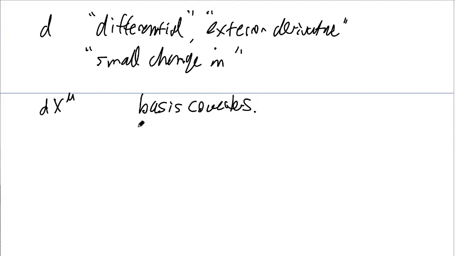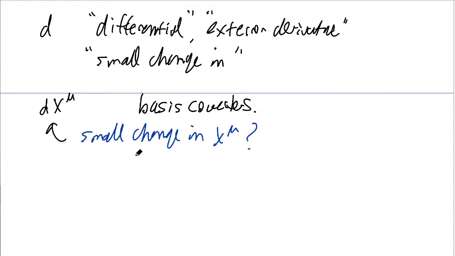In what sense is this the same thing as a small change in x? Now just to be clear in this discussion, whenever I'm thinking in terms of a small change in x, let me write that as delta x mu rather than dx mu.